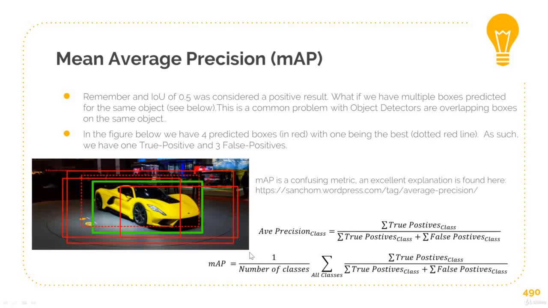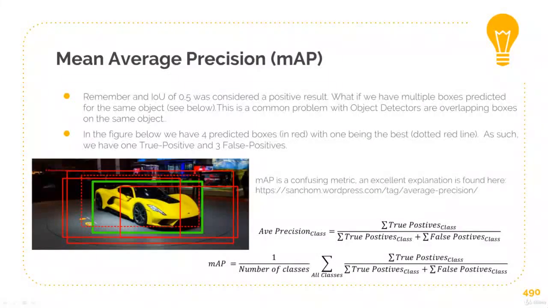And remember, this is just for one class. Remember there are different classes as well. So mean average precision is a way to measure how effective all of my object detectors actually were. So just remember this is the metric of how we baseline and how we measure performance of object detectors.